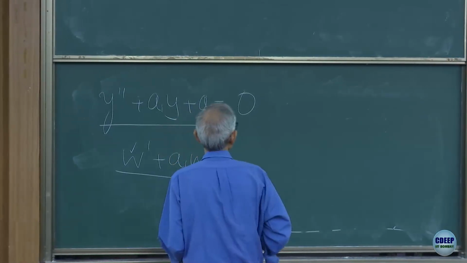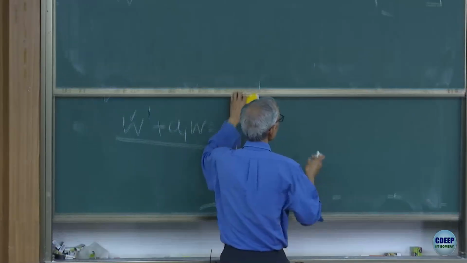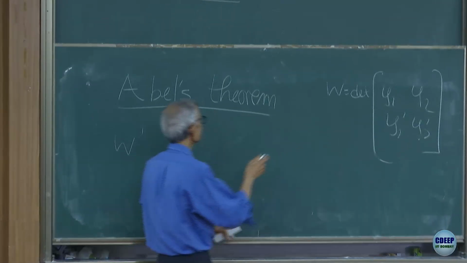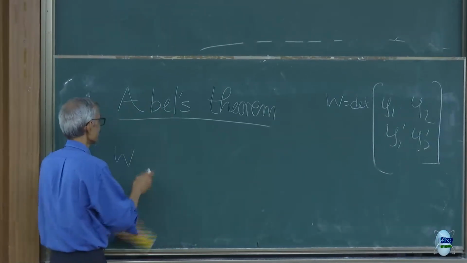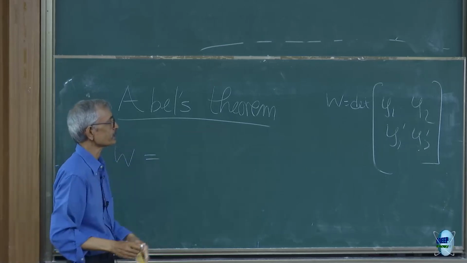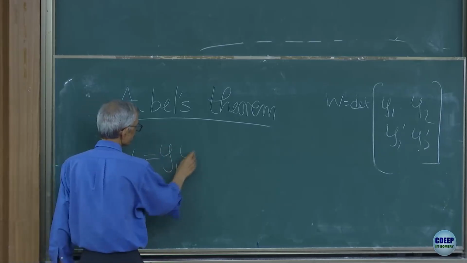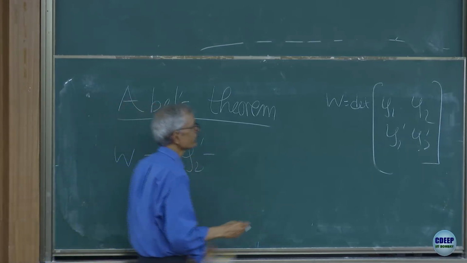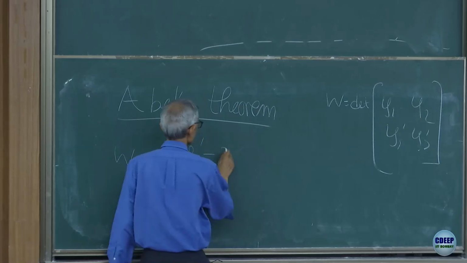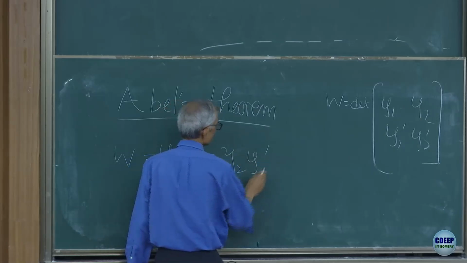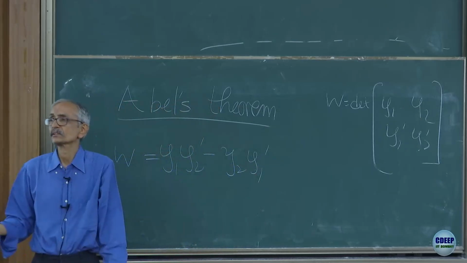So what is W? The determinant is y1 y2 prime minus y2 y1 prime. That's the Wronskian.